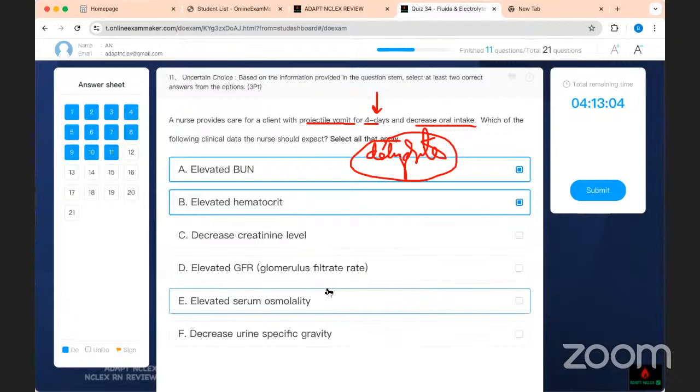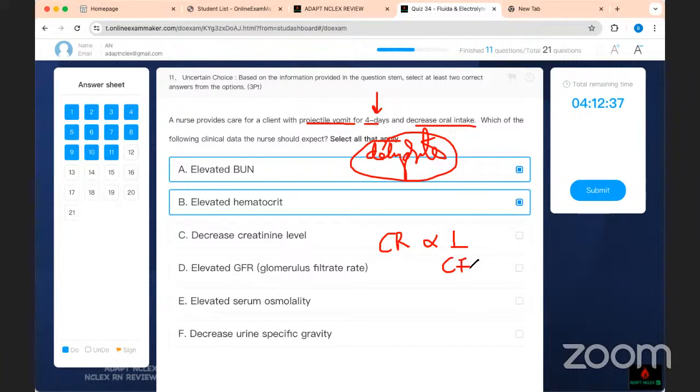Does your GFR increase? That is your glomerular filtration rate. Does it increase when you get dehydrated? The content is here. Your creatinine and your GFR are opposite. If your creatinine goes up, your GFR goes down.